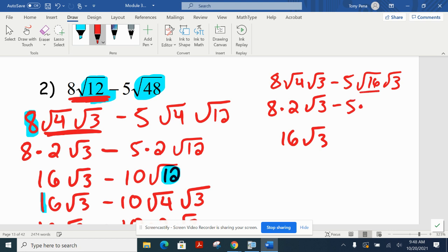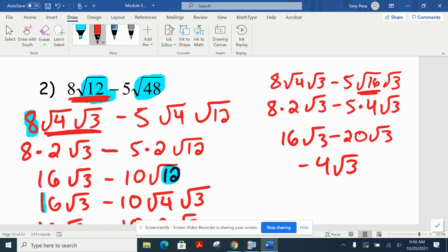This would now become 5 times what? What's the square root of 16? Matt, Julia? 4. And then our root 3. Well, 5 times 4 then gives us that 20 root 3. Don't we get the exact same thing? 16 minus a 20 is a negative 4, and then you're going to get that root 3.